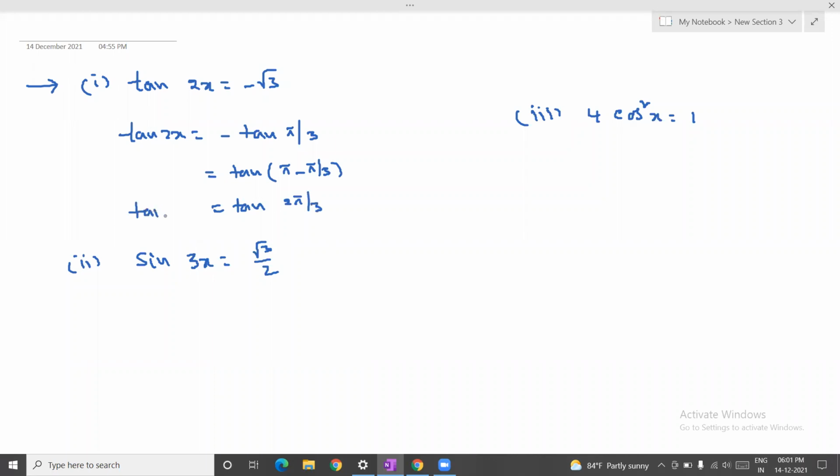So tan 2x will be equal to tan 2 pi by 3. From here, the general solution of 2x will be equal to n pi plus 2 pi by 3. So the general solution of x is n pi by 2 plus pi by 3, as the 2 will cancel in the second fraction.